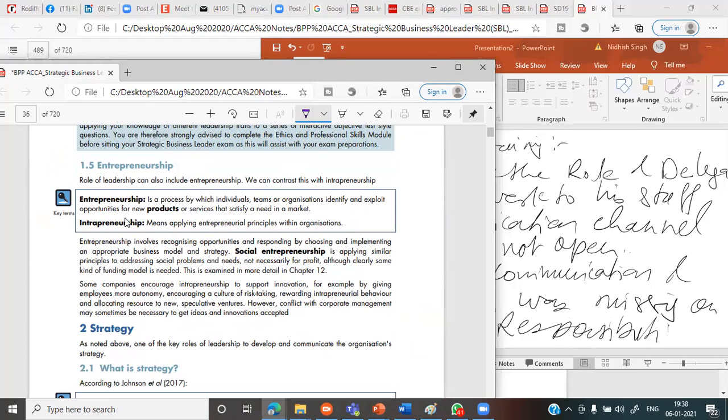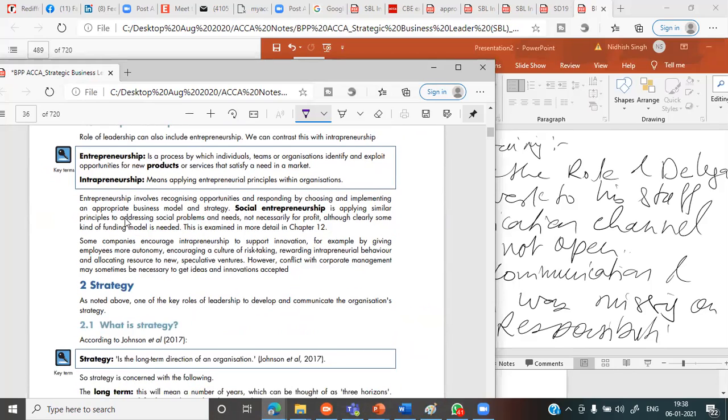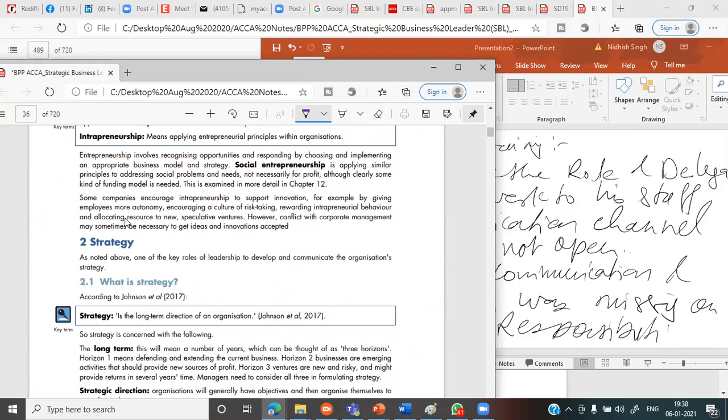While many companies also promote intrapreneurship, whereby within the same organization while you are staying, sometimes you can come up with some new product or new kind of service you can sell to your clients.